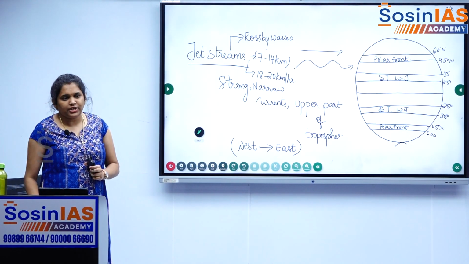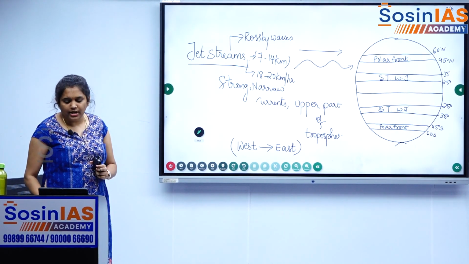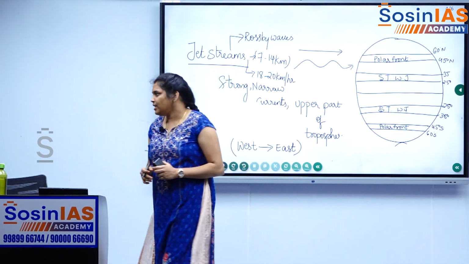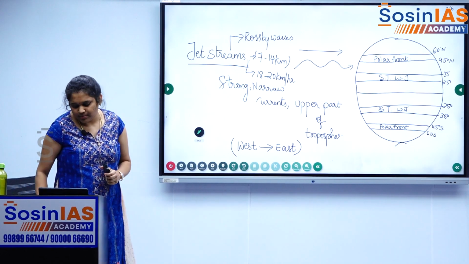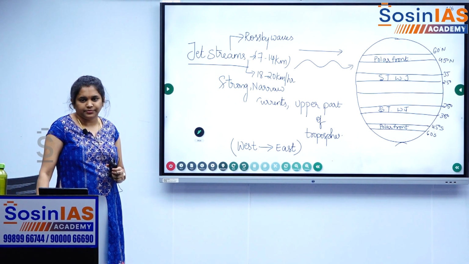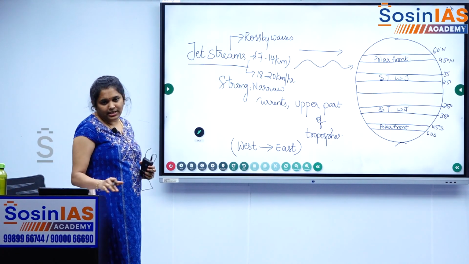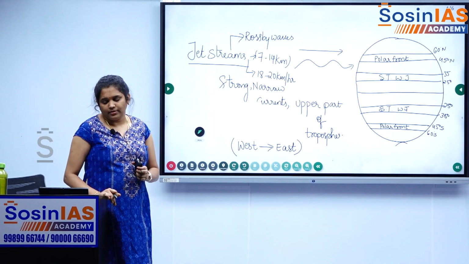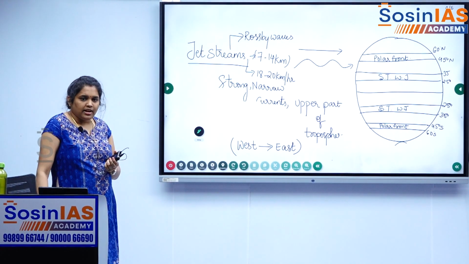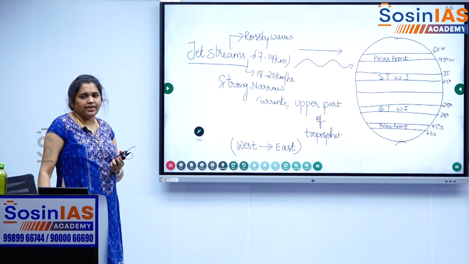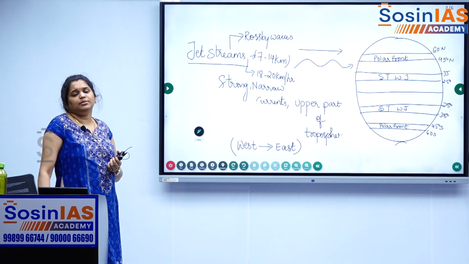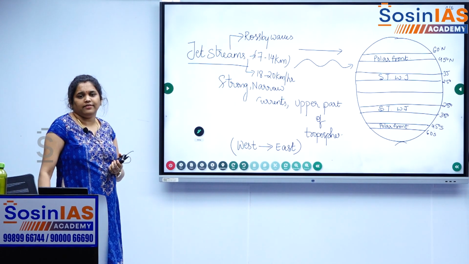Under that, initially the subtropical westerly jet streams will be present over the Gangetic plain. During this time, the Gangetic plain does not receive any rainfall, because jet streams will not allow a good convection cycle.